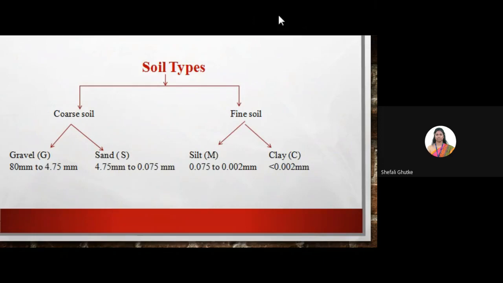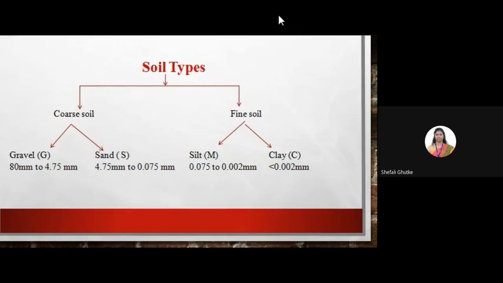Basically, we divide the soil into two types, coarse grain soil and fine grain soil. In coarse grain soil, there are two types. First one is gravel and the second is sand. The particle size which varies between 80 mm to 4.75 mm is considered as gravel. When the particle size varies between 4.75 mm to 0.075 mm, it comes under the sand category.